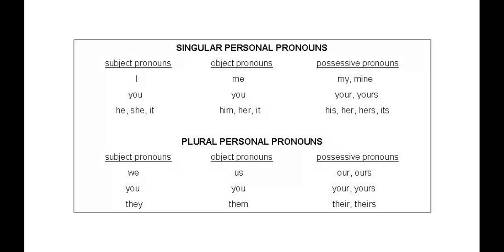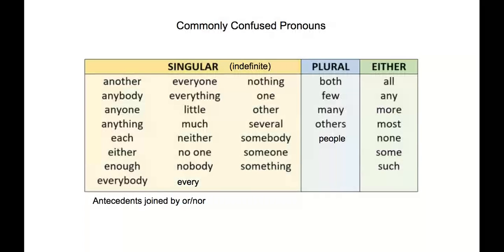The third slide is where we find the commonly confused pronouns. These on the left right here in the yellow box are considered our indefinite pronouns. Anytime a noun is replaced with one of these and it is used as an antecedent, it makes it singular. We will look at an example. The word everyone right here sounds like you're talking about a lot of people, but actually everyone is considered a singular indefinite pronoun.